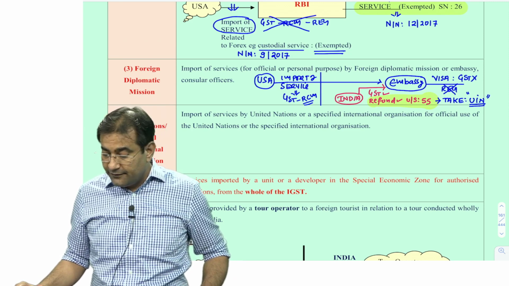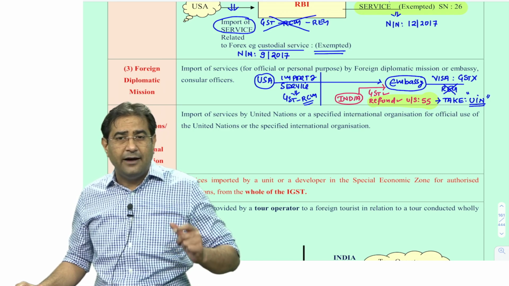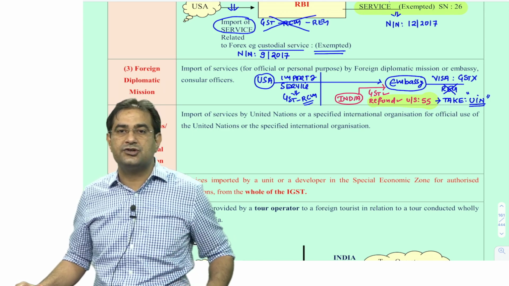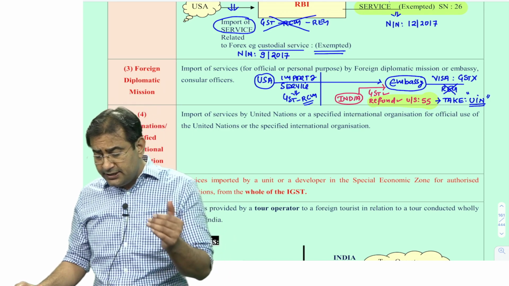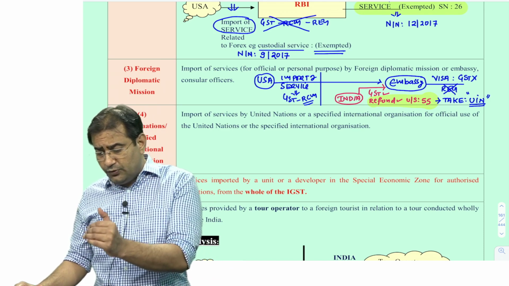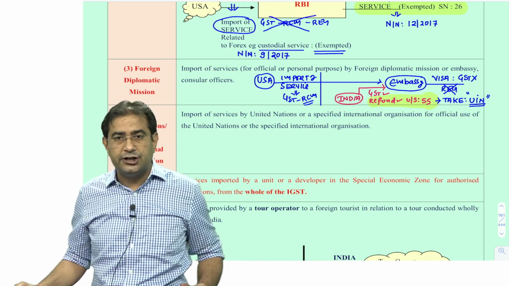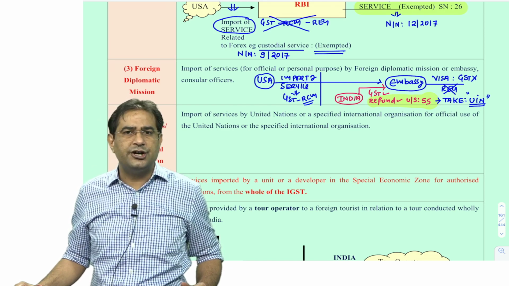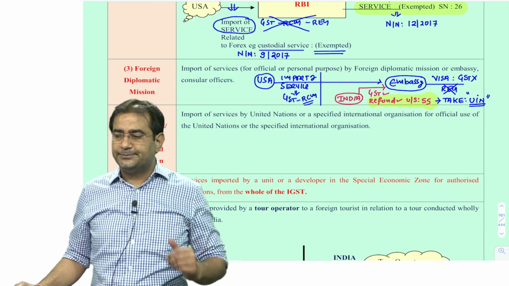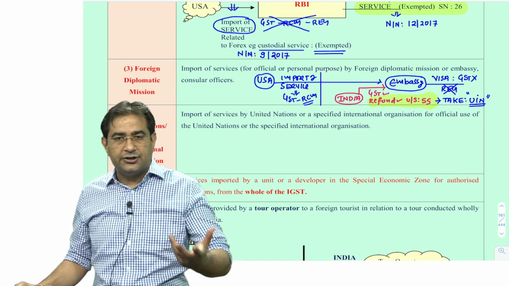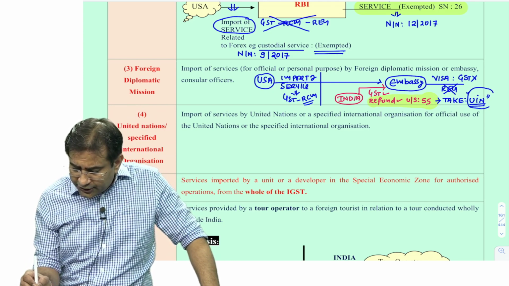So, if the embassy is liable to pay under RCM, the embassy will have to get mandatory registration under section 24. And if the embassy has to get formal registration under section 24, then the status of the embassy will become a registered person. If it is called a registered person and needs special registration here, then what was the purpose of taking UIN?